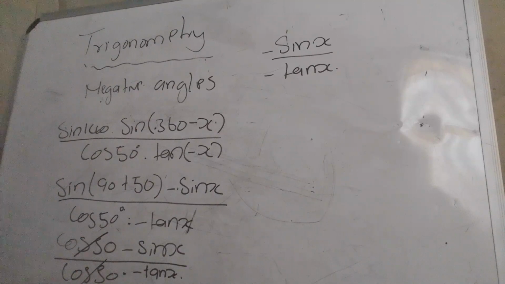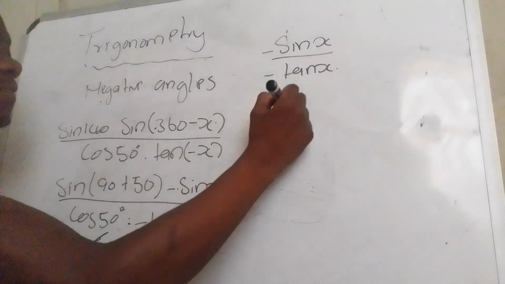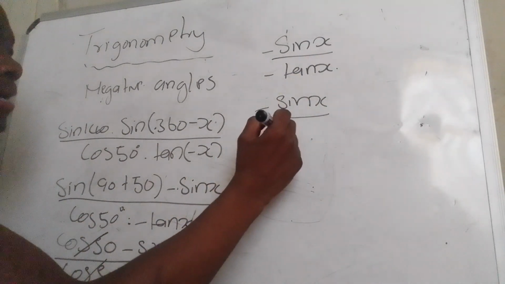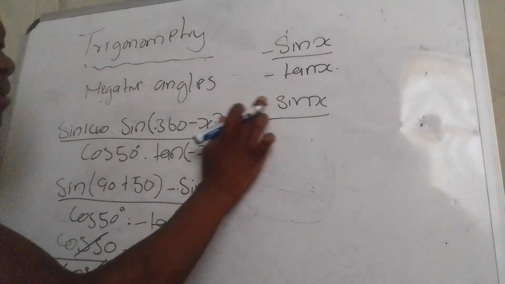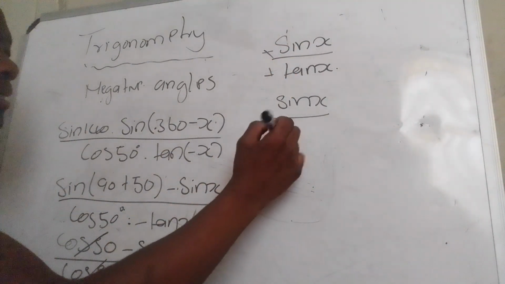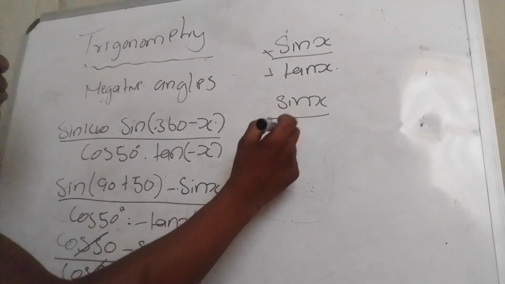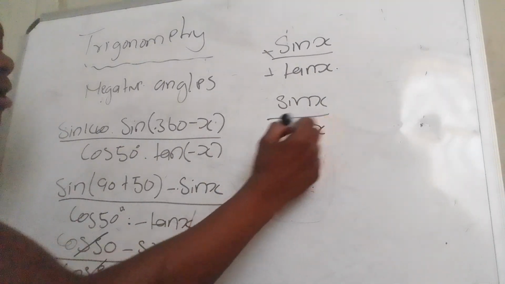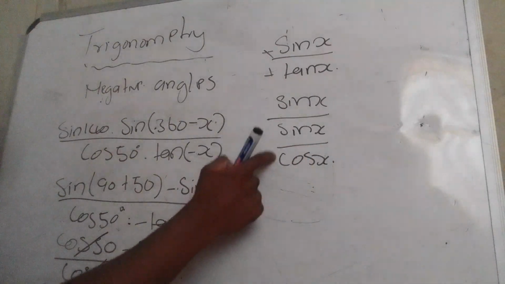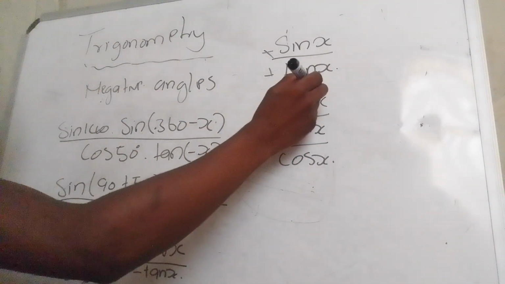The negatives cancel, so we are left with sine x over tan x, and tan x is sine x over cos x.